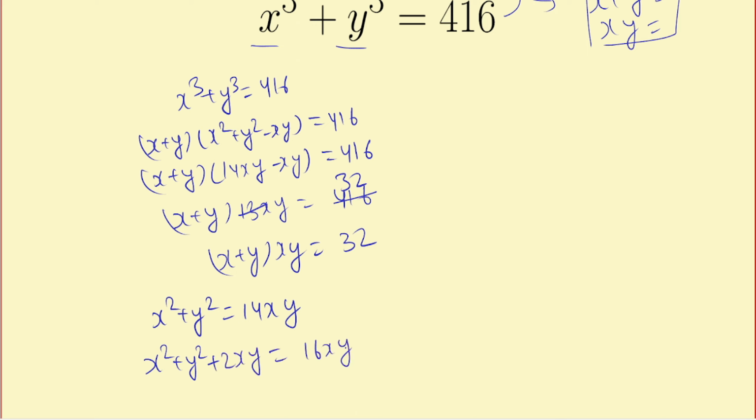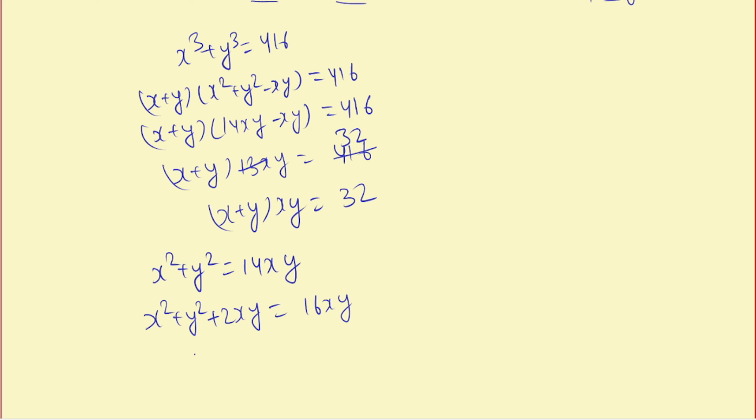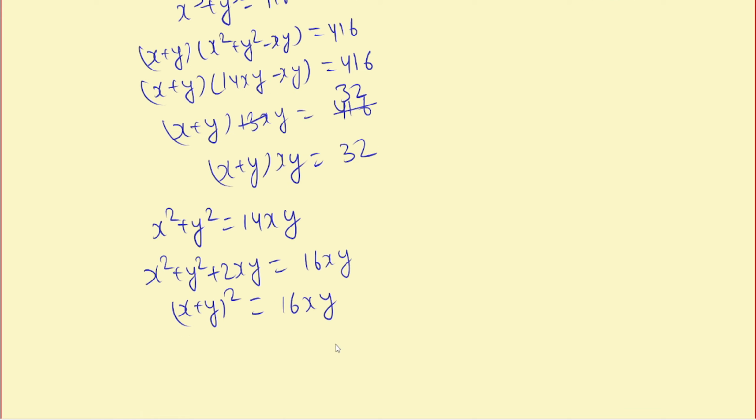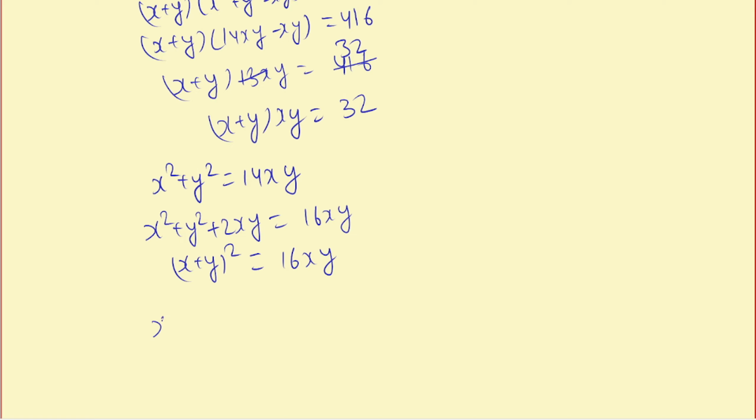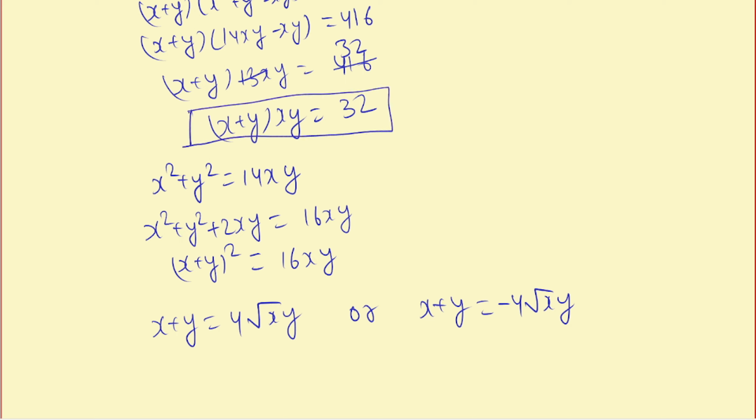So we get here (x plus y) whole square equal to 16xy, and if we take the square root both sides, we get x plus y equal to 4 root xy, or x plus y equal to minus 4 root xy. Okay, let me mark this equation. I'm going to use it, so let's consider this as equation 1. Keep it in mind.